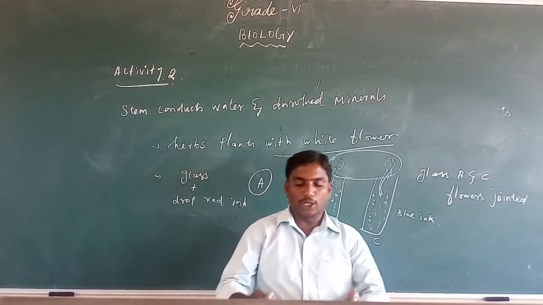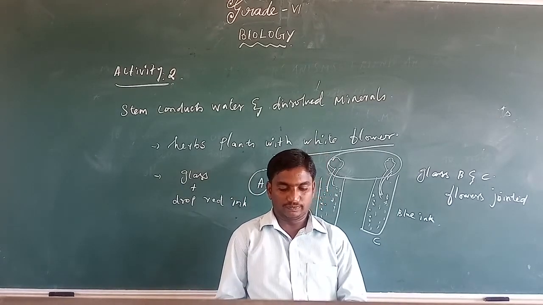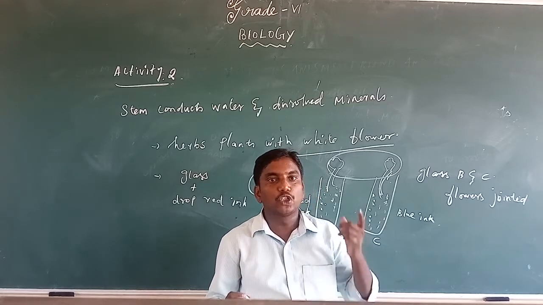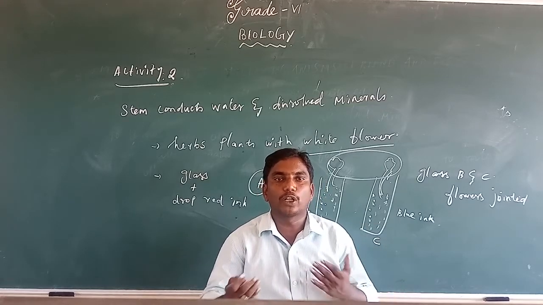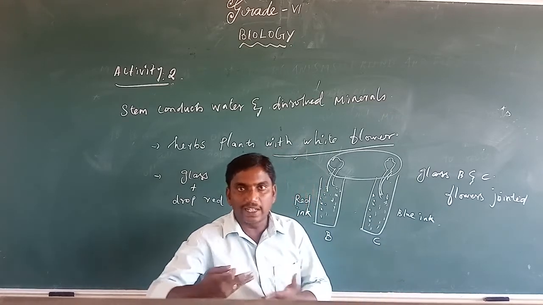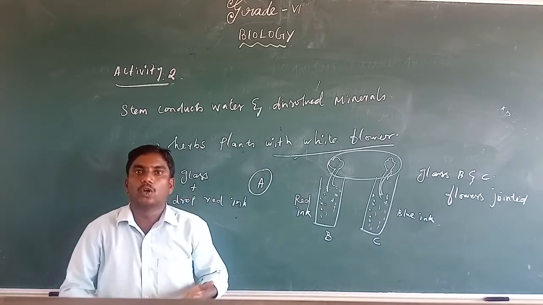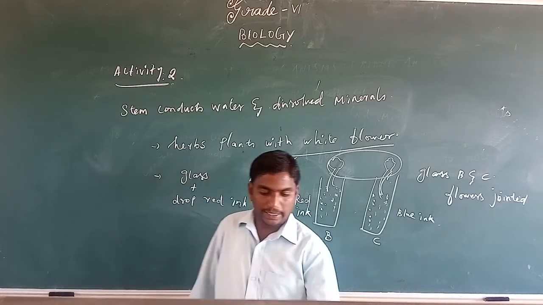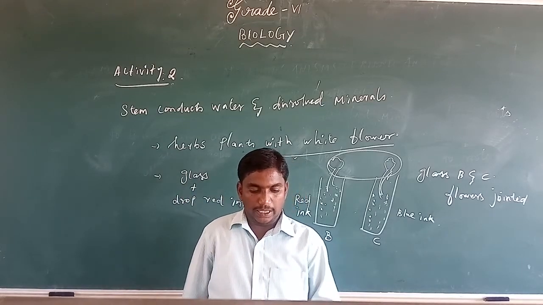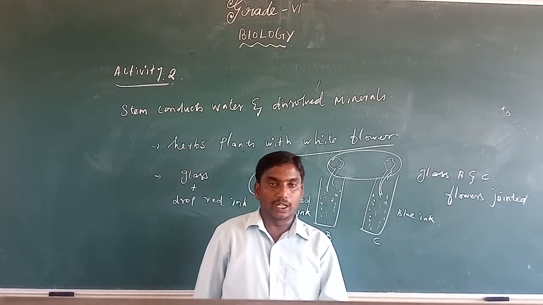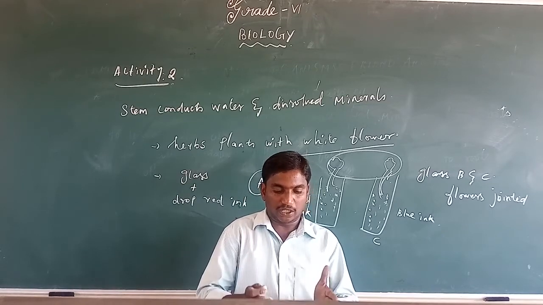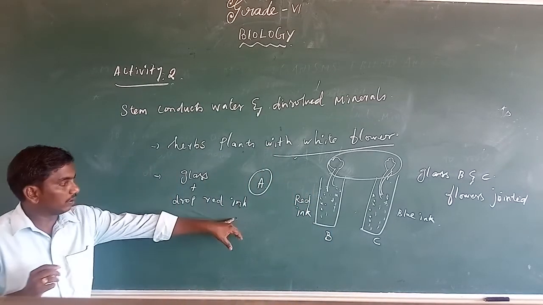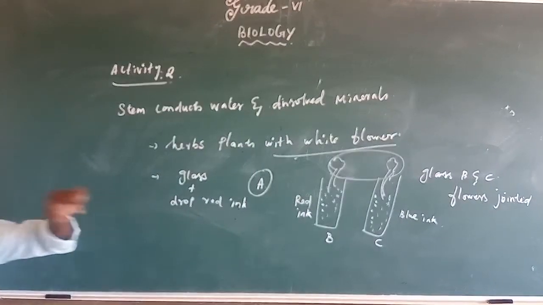So what do you know at the end of this activity? When you cut the stems in activity 2, what do you know? The stem is always carrying or conducting the water and minerals from the root. In this activity, a number of spots of red color are arranged in a ring inside the stem. Did you observe that in glass A?